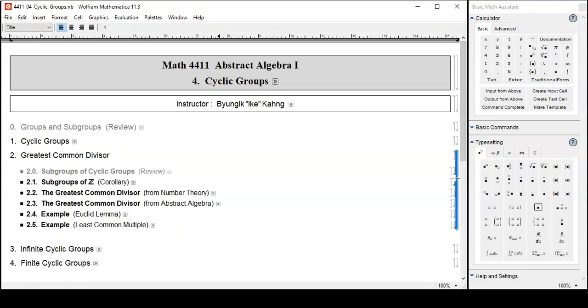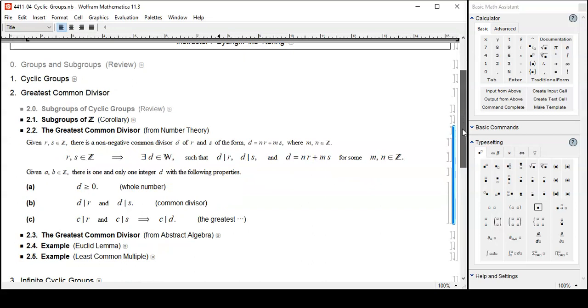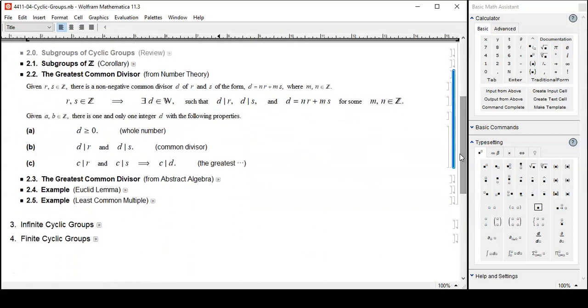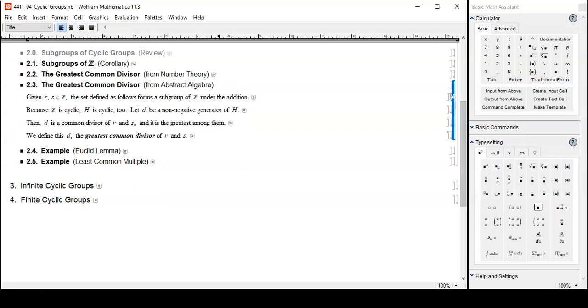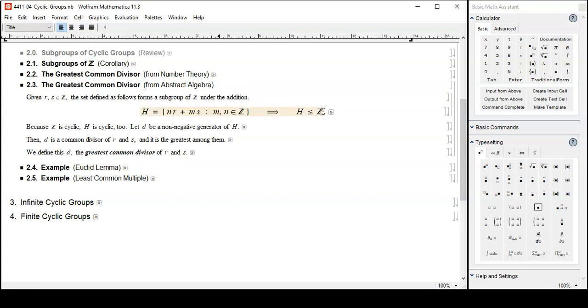And then we went to the greatest common divisor, and this is actually the number theory version. Here, we did it a little bit differently using abstract algebra language by setting up a certain set through linear combination like this, and we proved that this is a subgroup. Now Z is cyclic, so this subgroup is also cyclic.